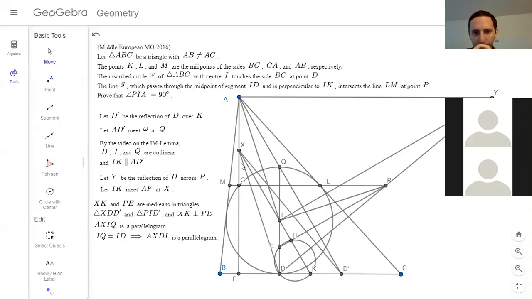Yes, so what was I doing? I was showing that XDK is similar to PIE. Or I could show XKD prime.